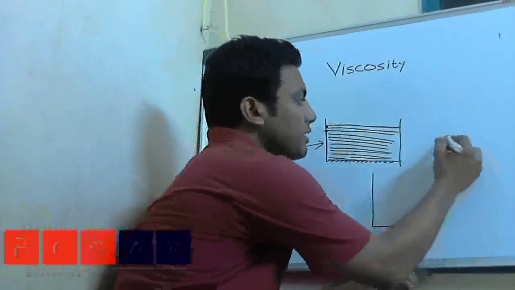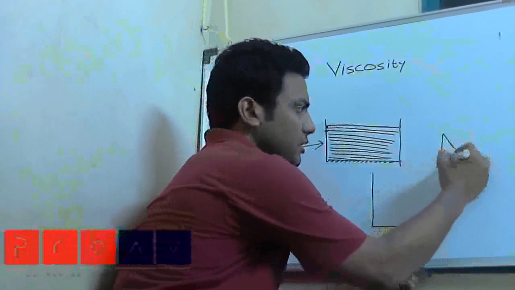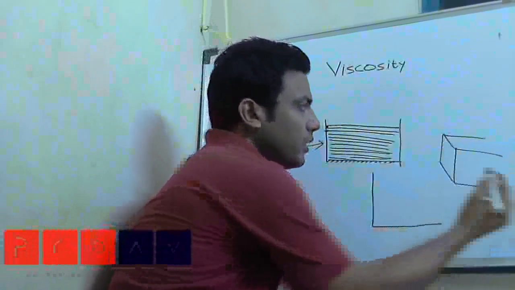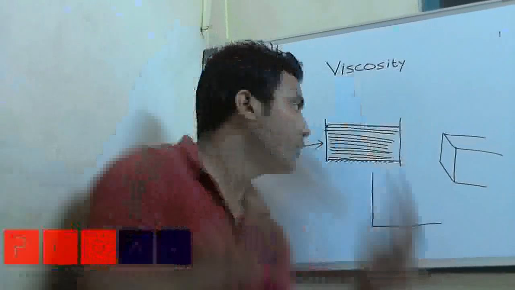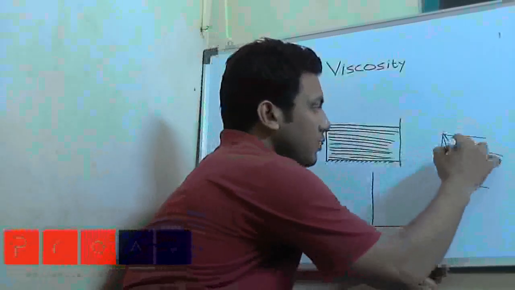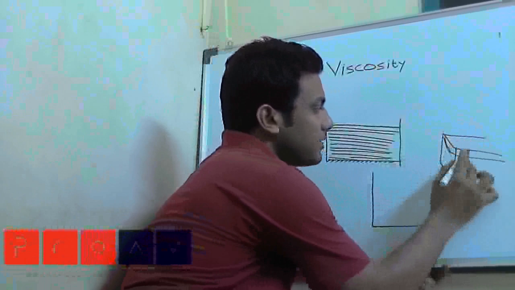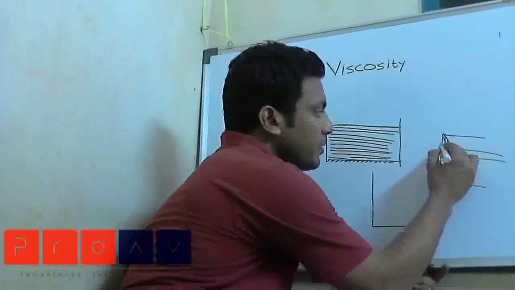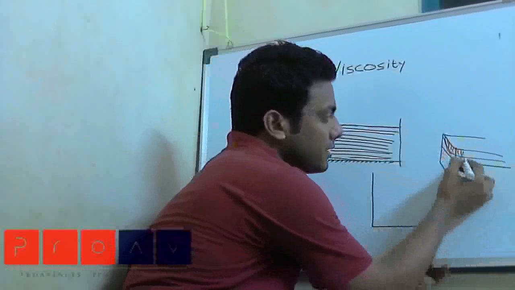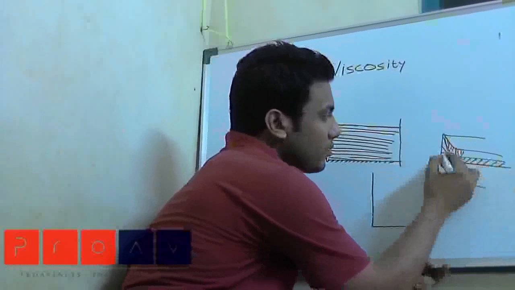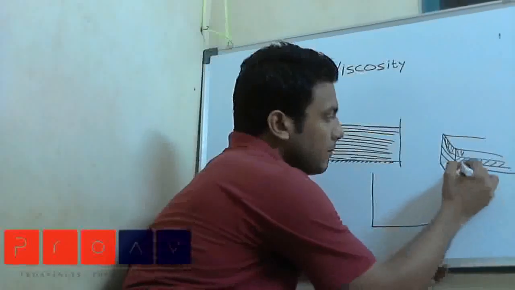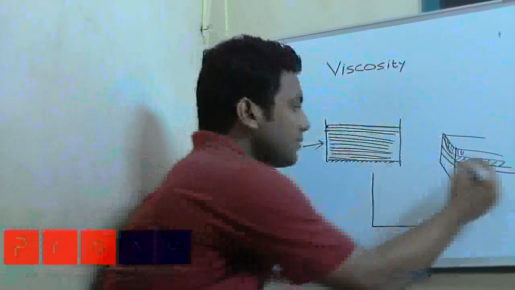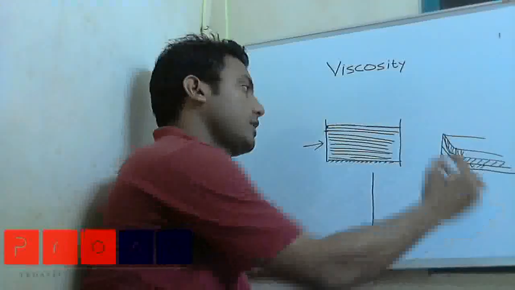Suppose that is the water in 3D, with some water flowing through it, and we divide it into slices. One layer, second layer, third layer, fourth layer, something like that.